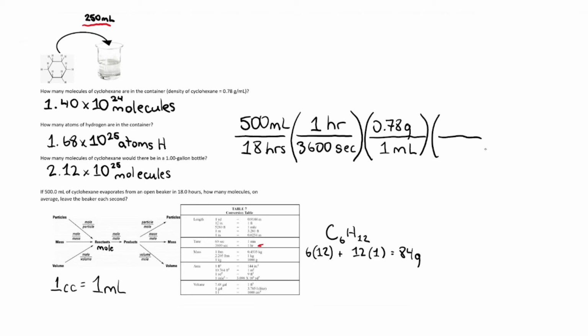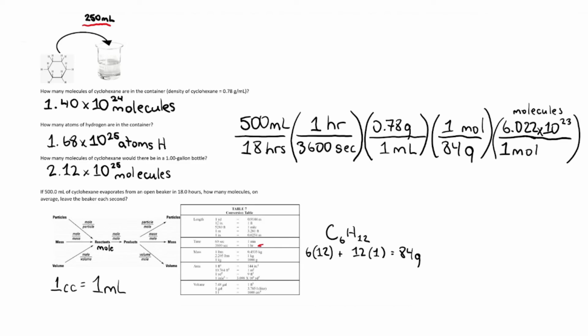And now we're going to go from grams to moles. We have 84 grams of cyclohexane per 1 mole. And then we're going to go from moles to molecules. So 6.022 times 10 to the 23 molecules. And I'm running out of space.